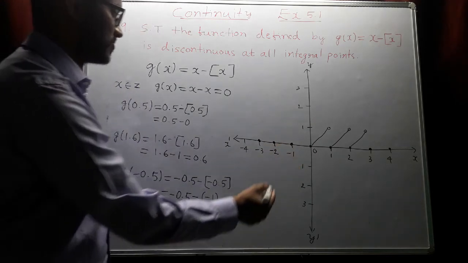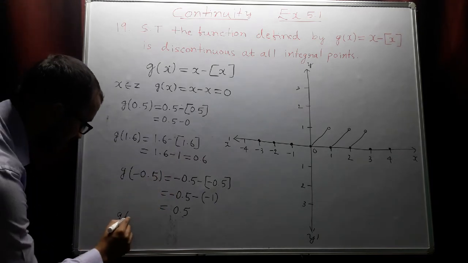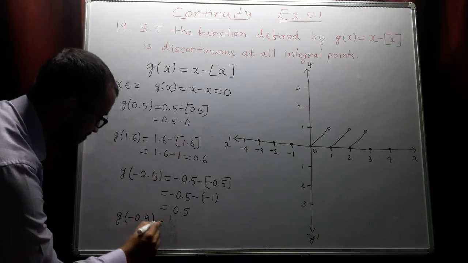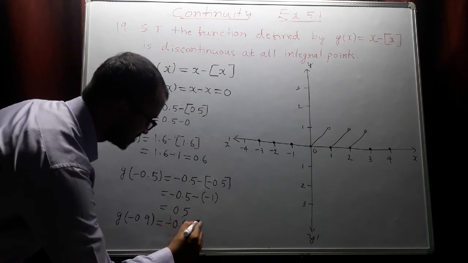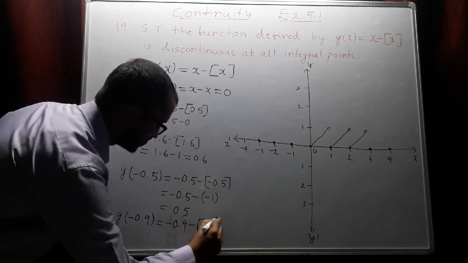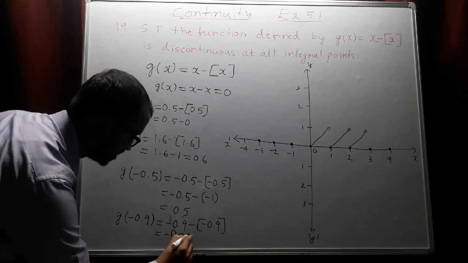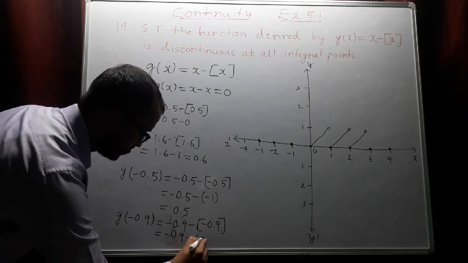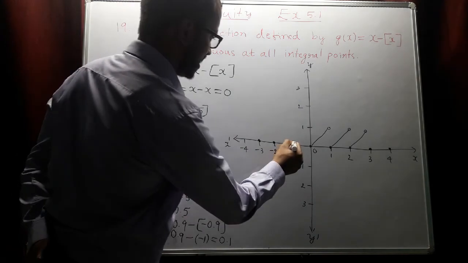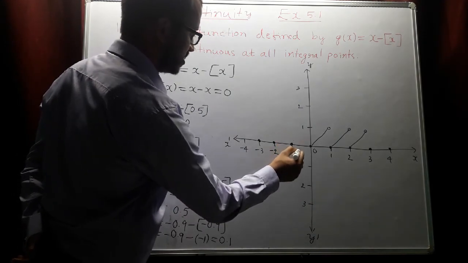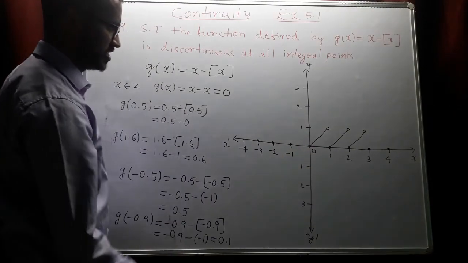Then suppose we consider g of minus 0.9. That means minus 0.9 minus greatest integer less than or equal to minus 0.9, which is minus 1. So we will get 0.1. So minus 0.9 gives 0.1. Again minus 0.1 gives 0.9.